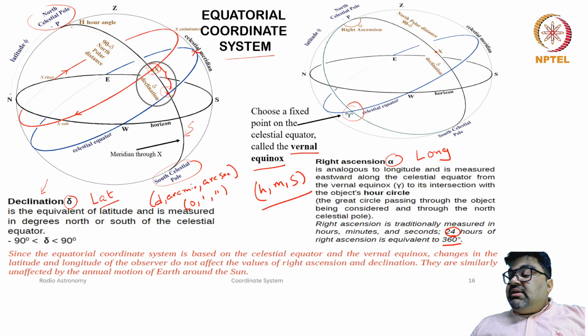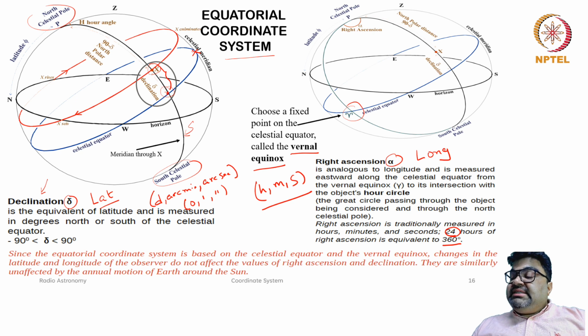So basically now we have defined the declination, which is not dependent on the position of the observer, and we have defined the hour angle, but hour angle is still with respect to the position of the observer. So to remove that observer specific position, we define a reference point.